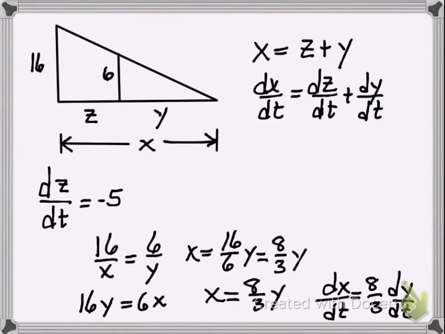The first part of the problem said, let's find the rate at which the tip of the shadow is moving.